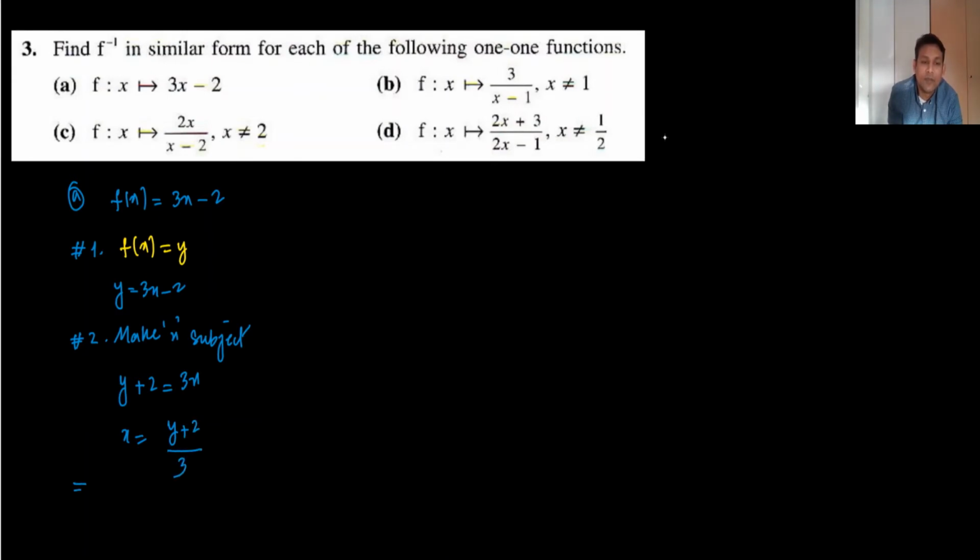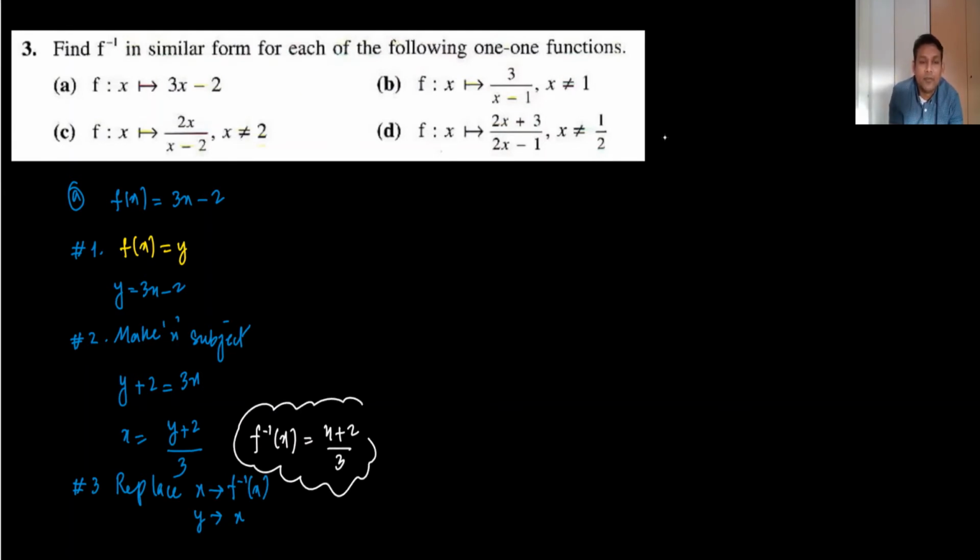Step number 3: replace x with f inverse and y with x. So f inverse is equal to x plus 2 upon 3, and we have done it.